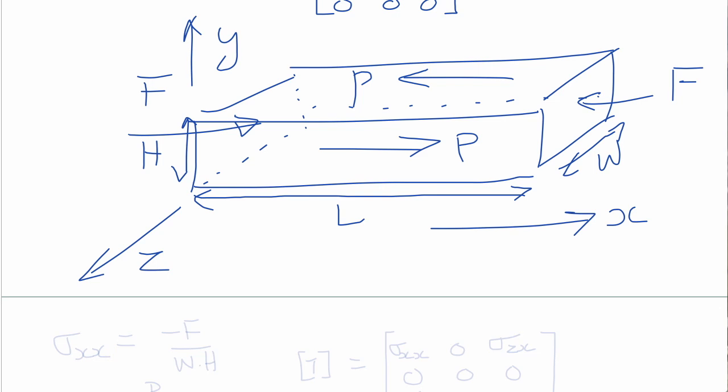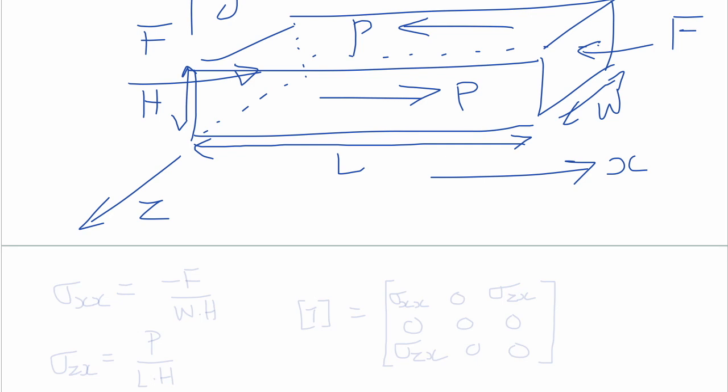Okay, so here's another example where now we have a slab with dimensions L in the x direction, W in the z direction, and H in the y direction. Forces of magnitude F pushing inwards in the x direction, and shear forces of magnitude P acting on the z faces in the negative x direction on the positive y face, and in the positive x direction on the negative y face.